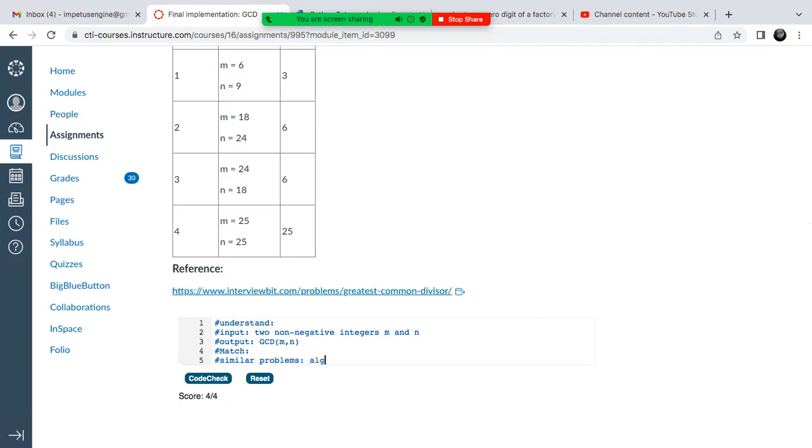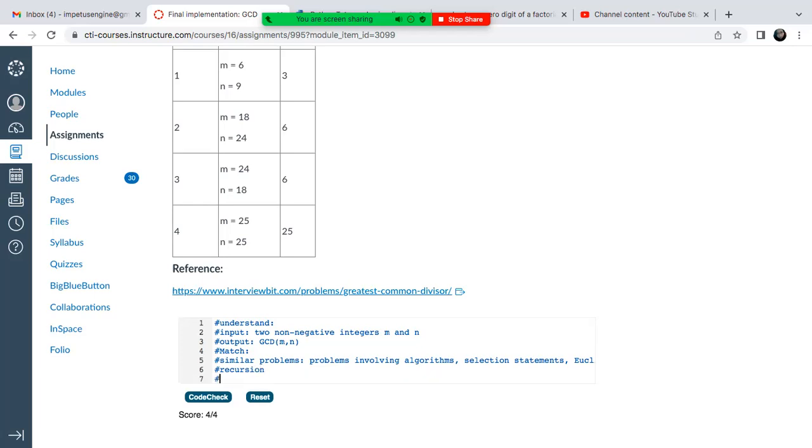This includes problems involving algorithms and selection statements. This particular problem involves the Euclidean algorithm, so we can use that in our problem. And in its most elegant form, it requires recursion.